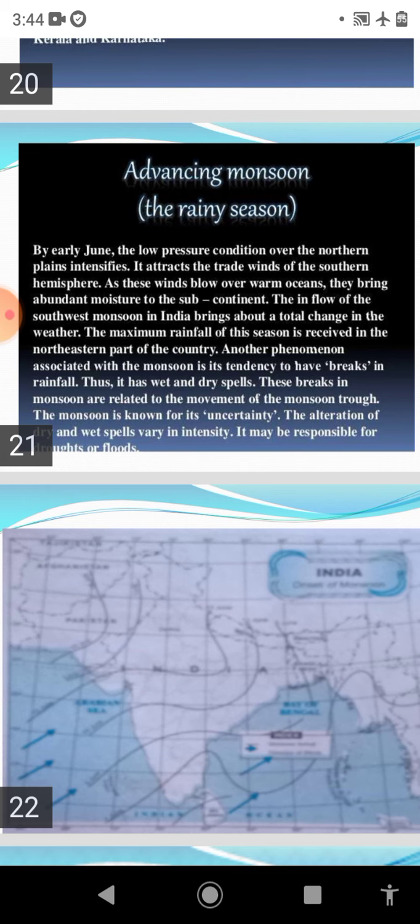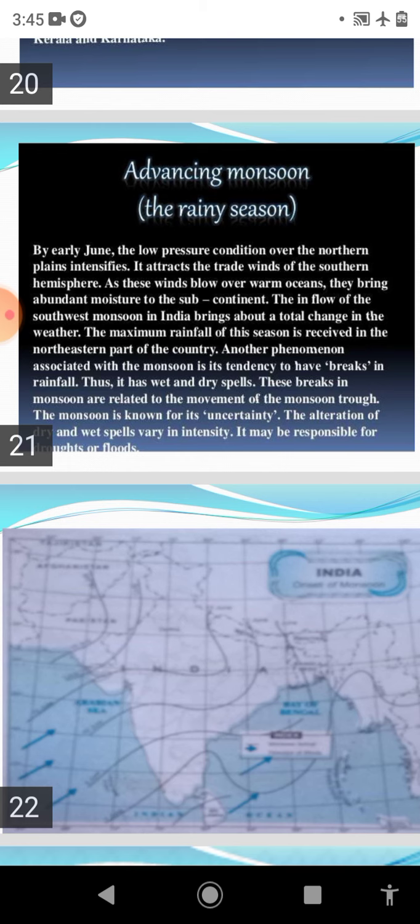Celsius. Now, with regard to the pressure and the winds during the rainy season, the temperature in the northwestern plains is still very high, as a result of which low pressure conditions prevail there. By early June, the low pressure conditions are powerful enough to attract the trade winds of the southern hemisphere.